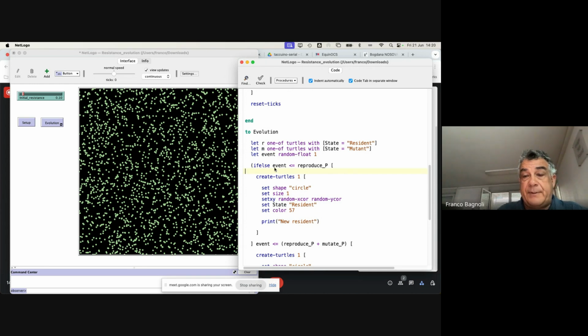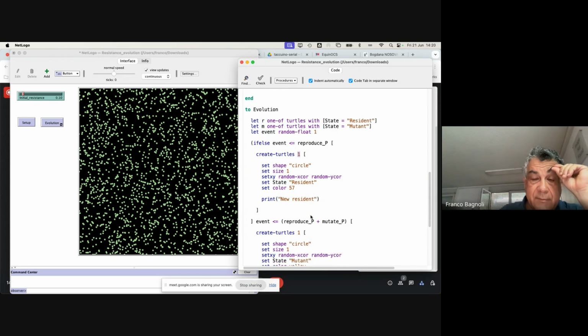Then you extract one random number, and with probability reproduce this mutant. So you create one new turtle. At the beginning I create two, but the resident remains in the population, so sure, there is only one.